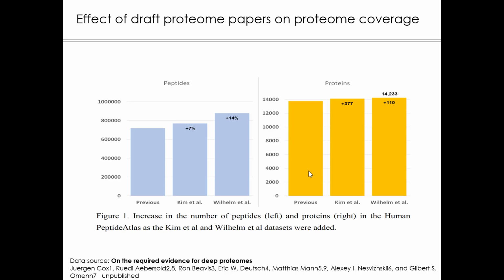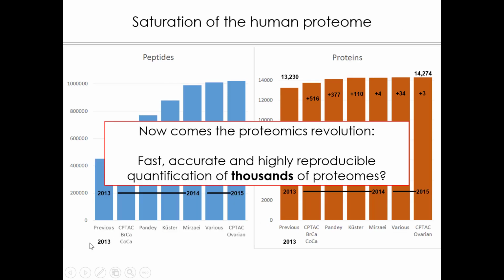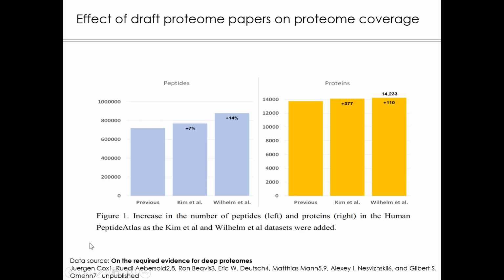So a number of groups who have been very active in developing analysis tools and statistical tools, listed down here, including Jürgen Cox and Matthias Mann, Ron Beavis, Alexey Nesvizhskii, and Gilbert Omenn, took all the data from these draft papers and analyzed them either by themselves or together with the aggregate data that people had donated to the public domain, the Peptide Atlas project.